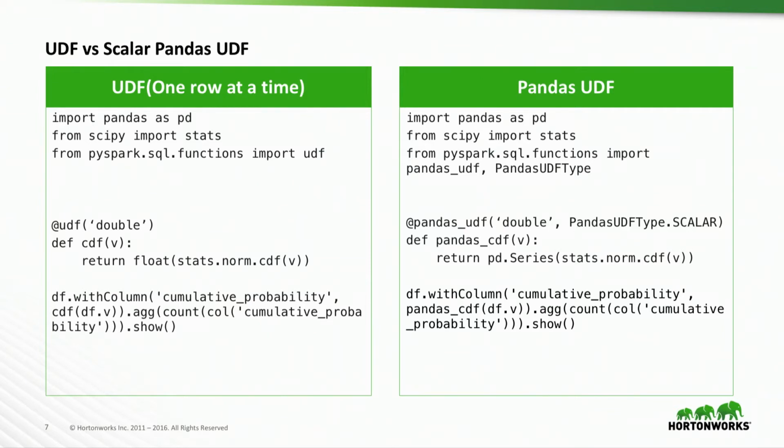On the right side, the Pandas UDF takes a pandas.Series as the input and returns a pandas.Series of the same length. Internally, Spark will execute a Pandas UDF by splitting the whole column into batches, operating on each whole batch, and then concatenating them together. In one word, on the left-hand side we process one row at a time, and on the right side we can process the whole batch.